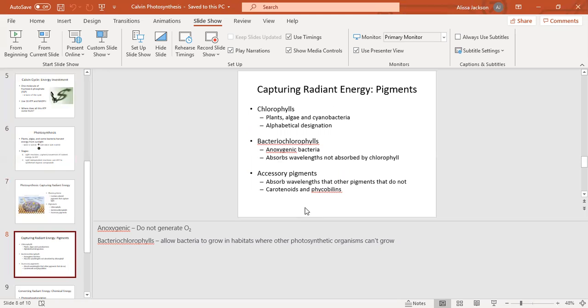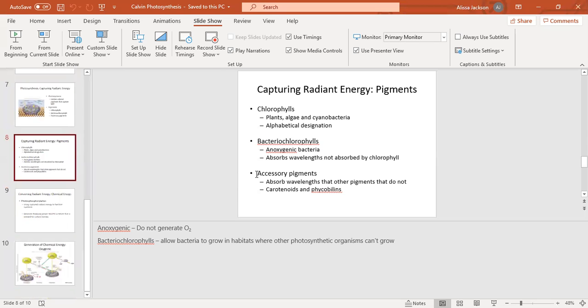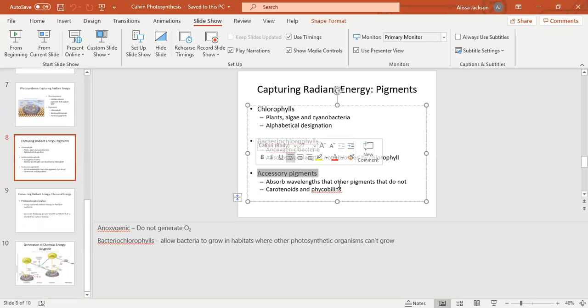And then, let's see. Okay, bacterial chlorophylls allow bacteria to grow in habitats where these other photosynthetic organisms can't grow. Cool. And then you have the accessory pigments that absorb other different wavelengths of light.